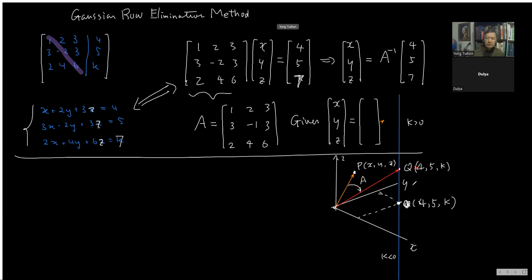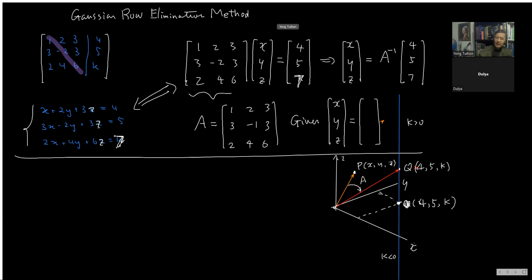They say use a Gaussian technique to determine the value of K for which there are infinite solutions. K is the control of this linear function, right? So that is the right question: for what K value is there an infinite number of solutions?